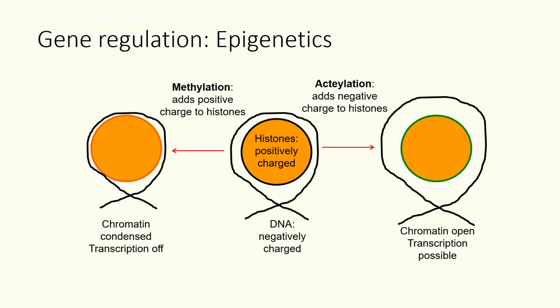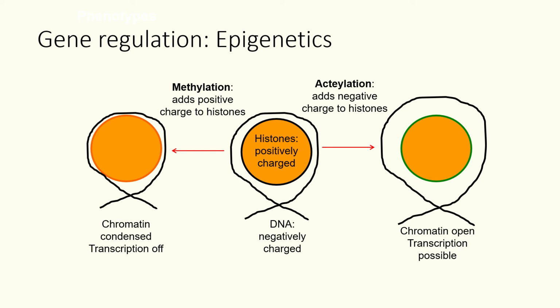If we want to open that up so transcription can happen, we need to add some acetyl groups to the histones, and that will result in them being negatively charged and will open up the chromatin. Or we add a methyl group to the histones, which makes them more positively charged, which causes them to hold the DNA more tightly around the histone proteins.